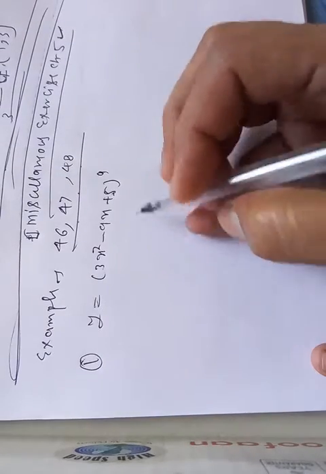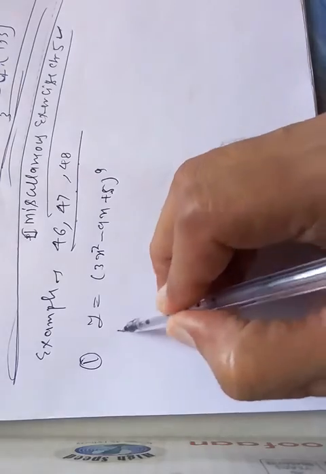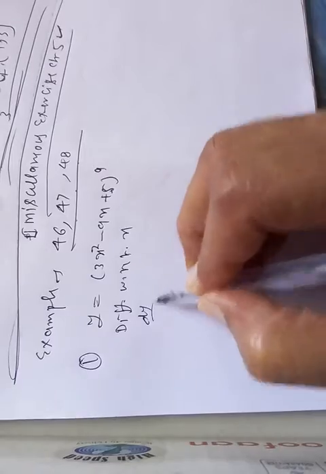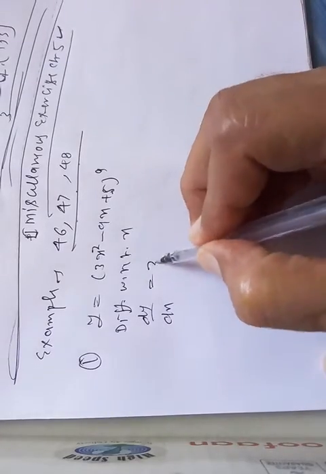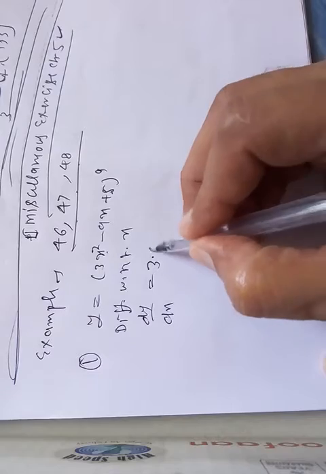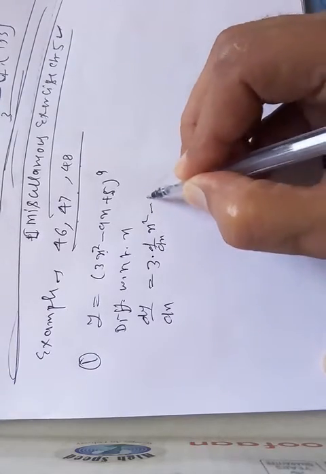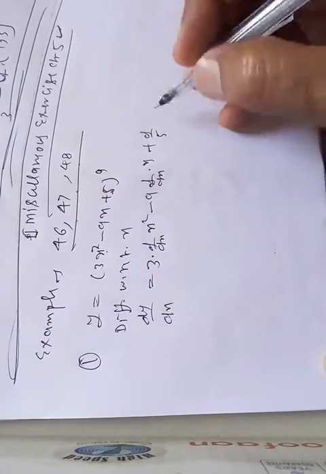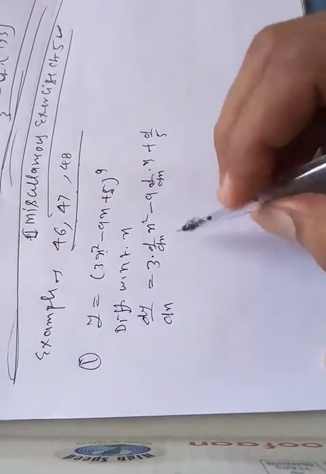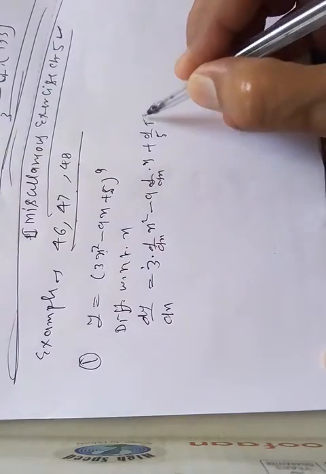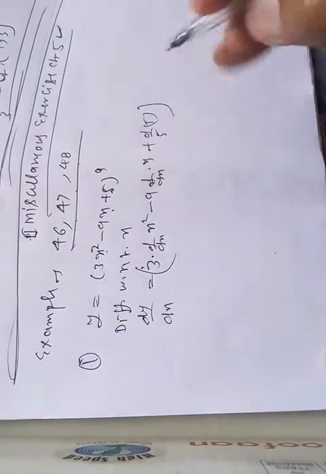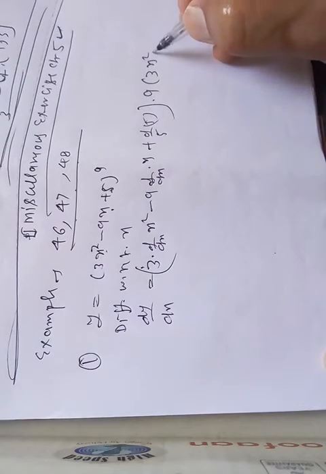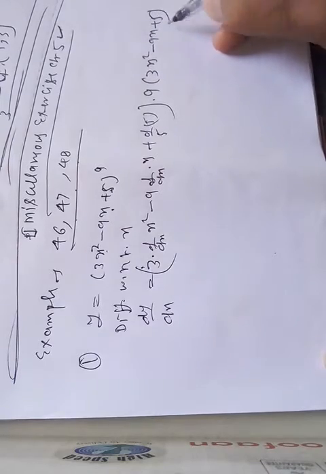Differentiate with respect to x. dy/dx is 9 times (3x square minus 9x plus 5) raised to 8, multiplied by the derivative of 3x square minus 9x plus 5, which is d/dx of 3x square minus 9 d/dx of x plus d/dx of 5.